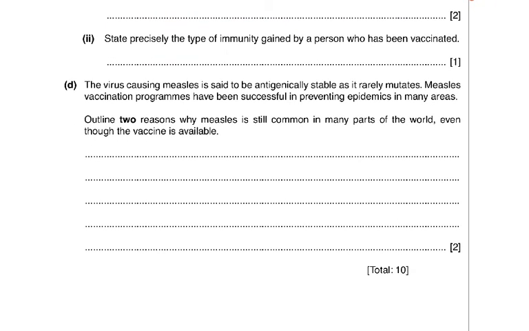State precisely the type of immunity gained by a person who has been vaccinated. Naturally, it's artificial active immunity. Why active immunity? Because what you gave them were weakened viruses.